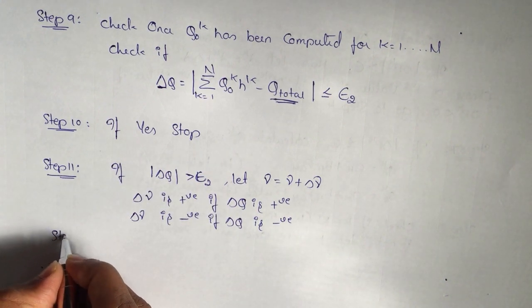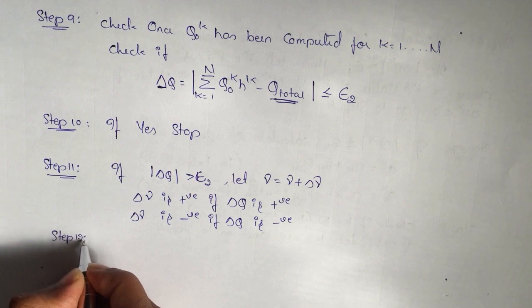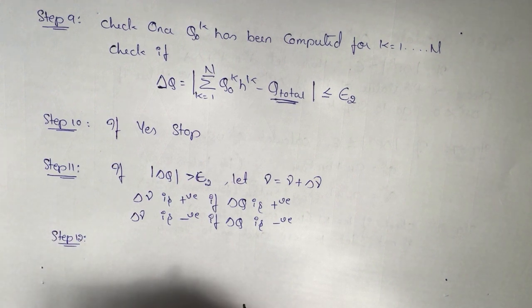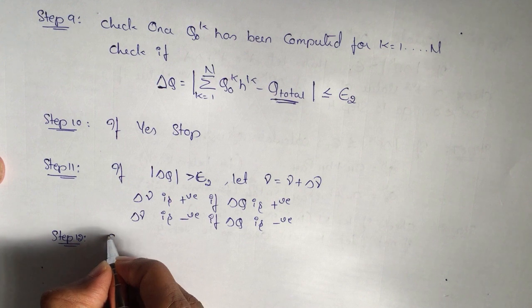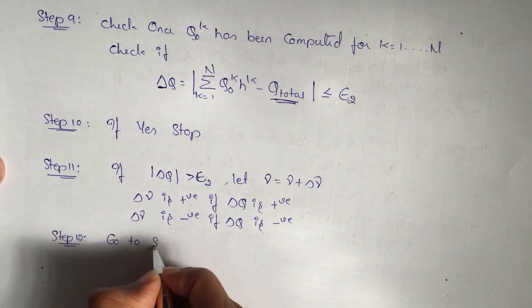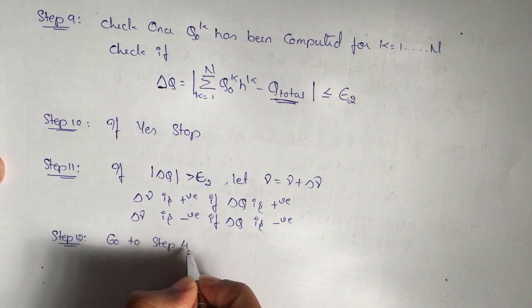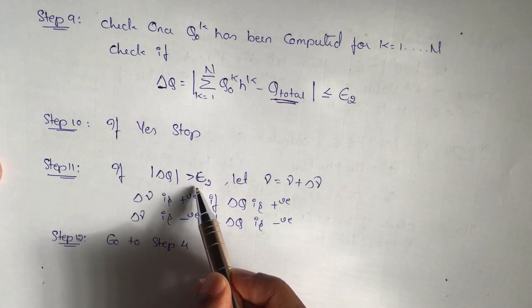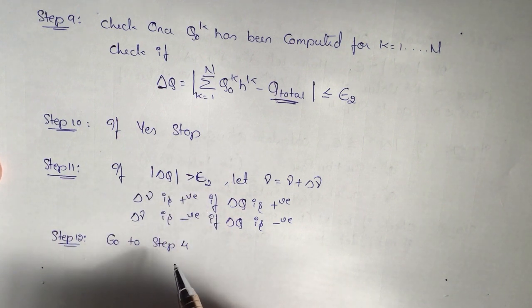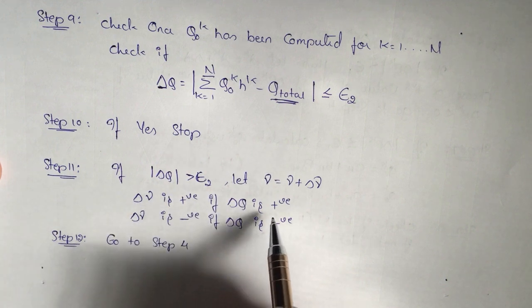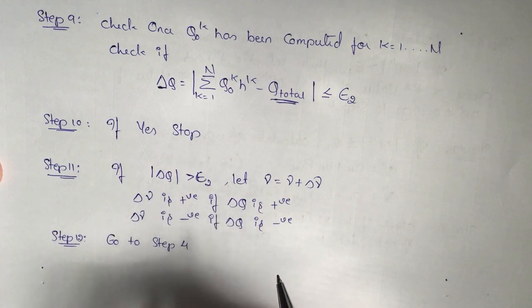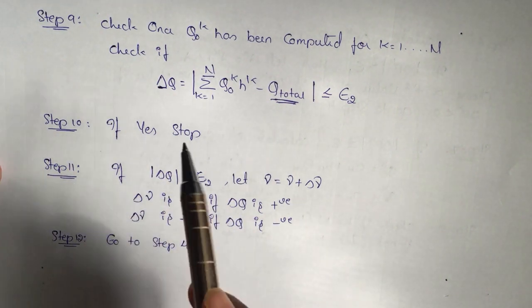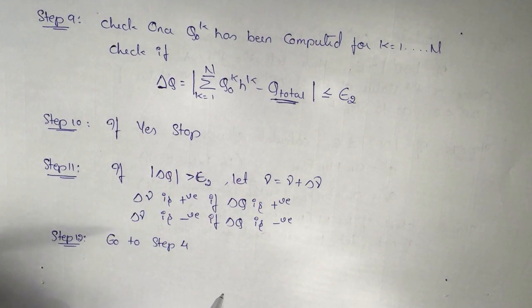And last step, step 12, we'll go to step 4. If delta Q is greater than epsilon 2, we'll move back to step 4 with these two conditions. Okay, we continue the loop iterations for gamma and lambda until the value of delta P and delta Q have converged.